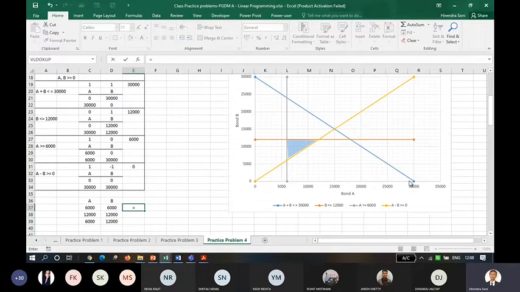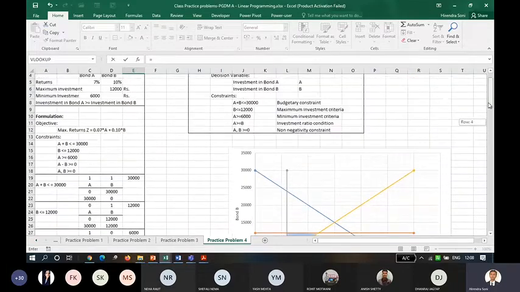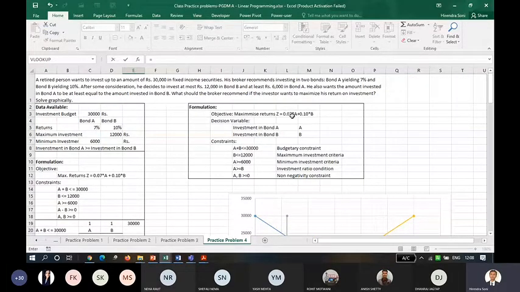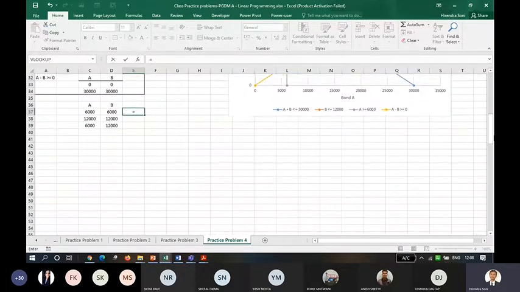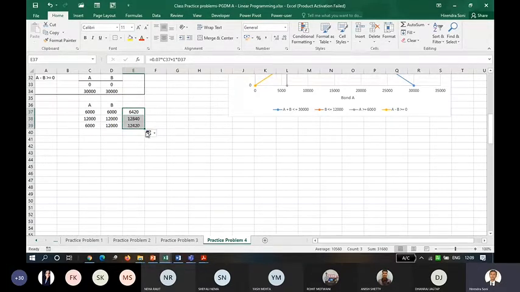Equals to profit function क्या था हमारा, 0.07 into A plus 0.1 into B. Maximum profit we are getting it at 12,840.